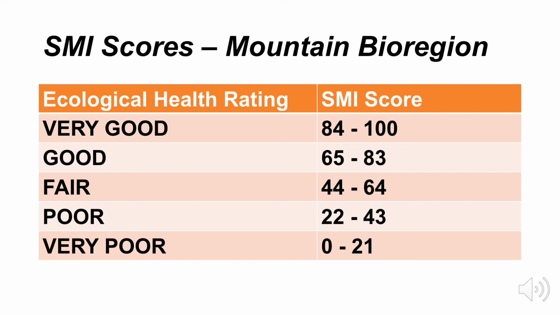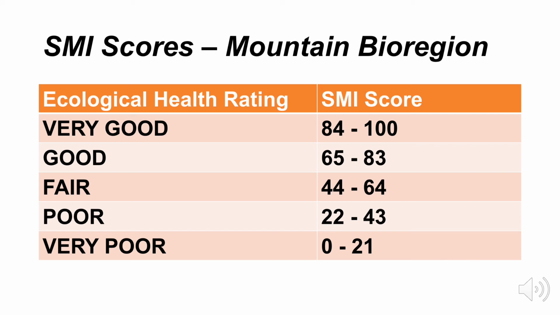If it's 65 to 83, we have a good ecological health rating. If it's between 44 and 64, we have a fair ecological health rating. Between 22 and 43, a poor ecological health rating. And between 0 and 21, a very poor ecological health rating.